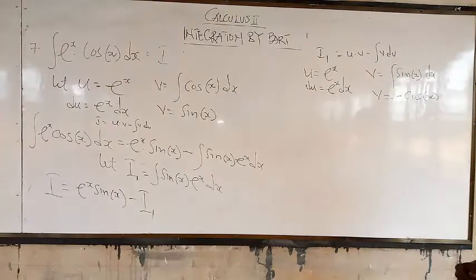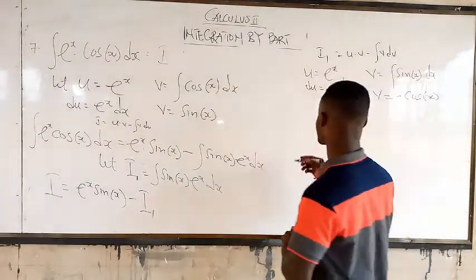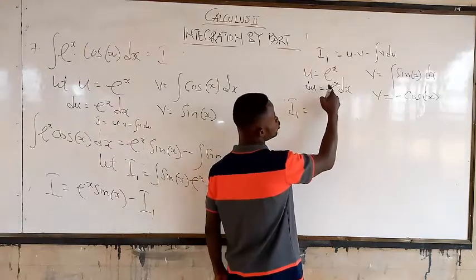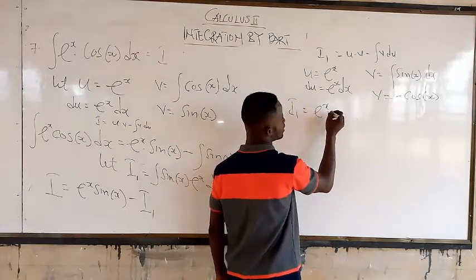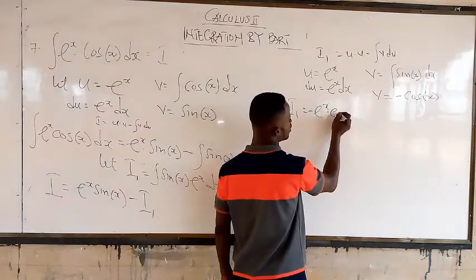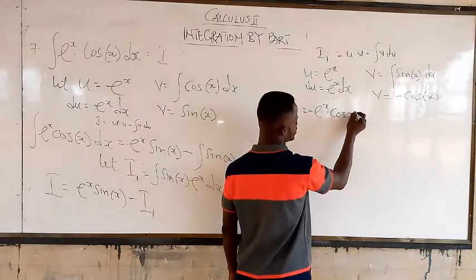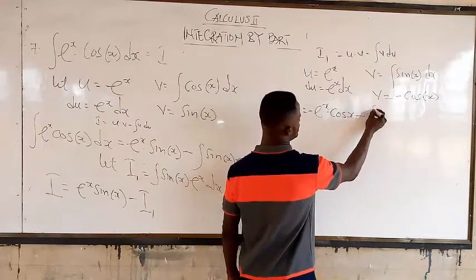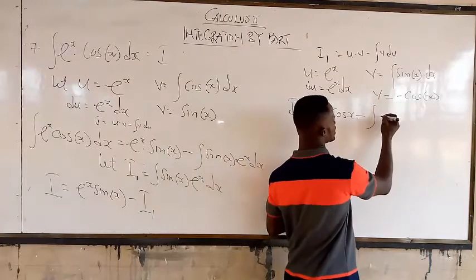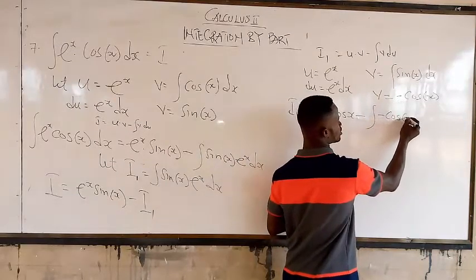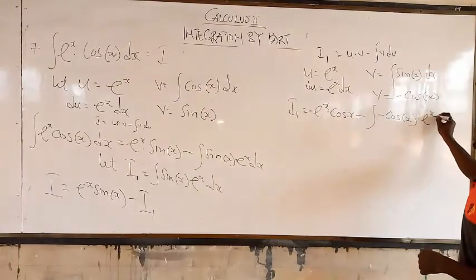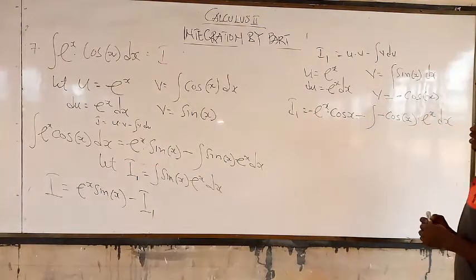So by substitution, I1 is going to be uv: u is e raised to the power s, v is negative cos s, minus integral of v, which is negative cos s, du, which is e raised to the power s ds.